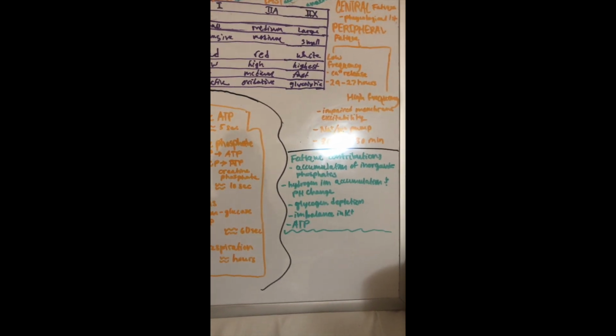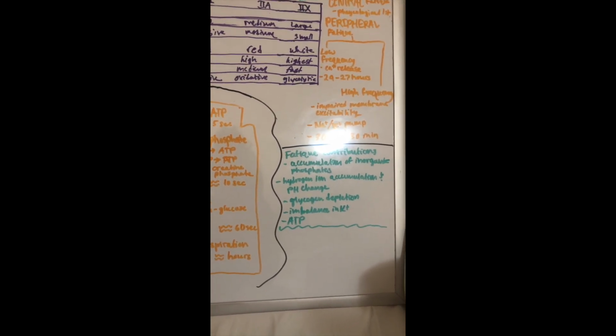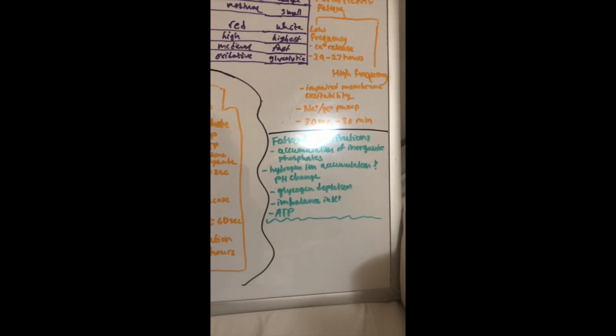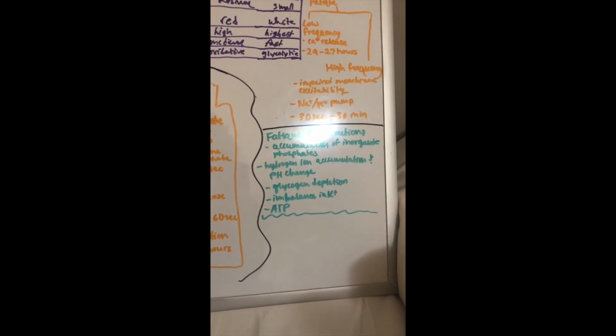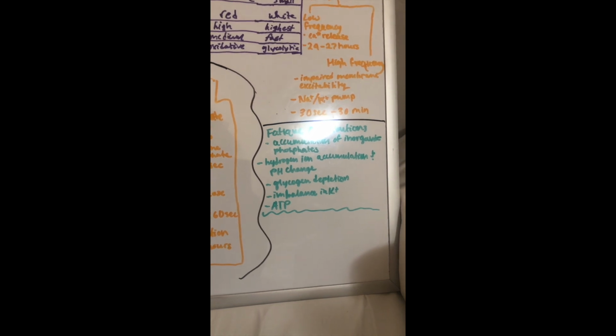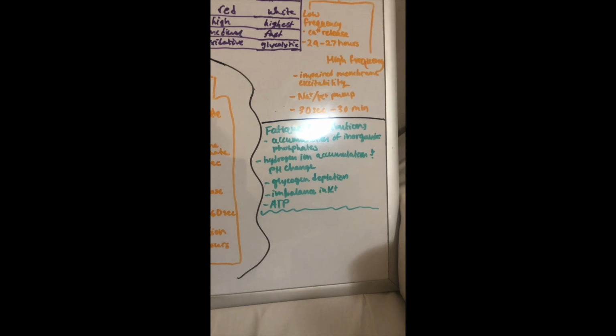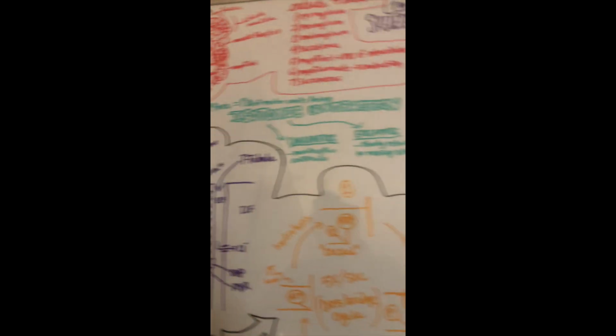Different things that contribute to fatigue are an accumulation of inorganic phosphates, hydrogen ion accumulation and pH change, glycogen depletion, imbalance in potassium, and ATP shortage. And that can kind of be shown here.